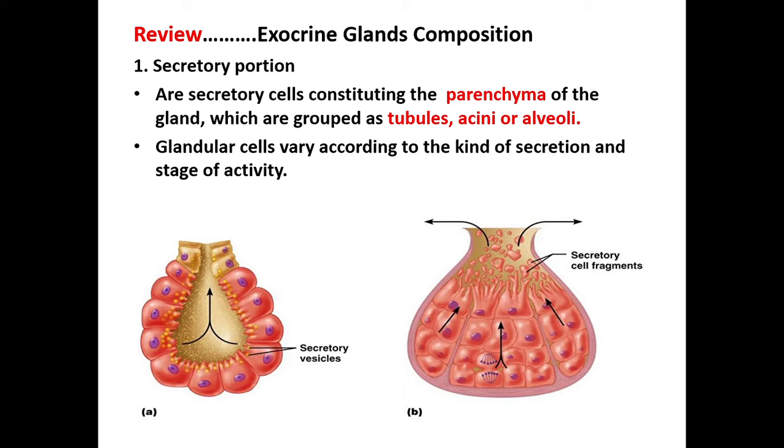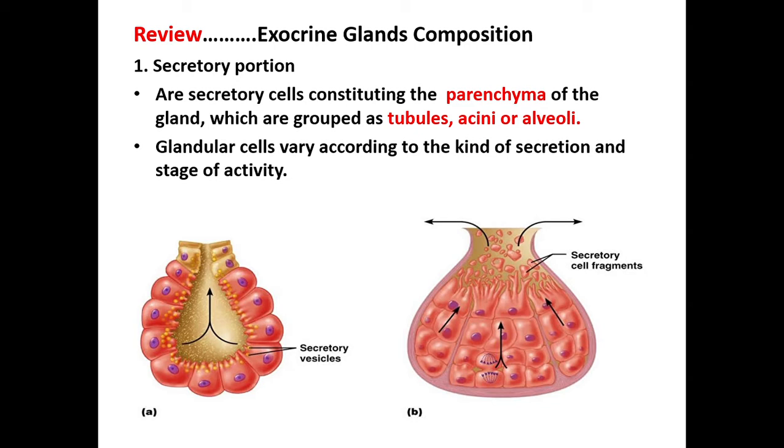Let's have a closer look at the exocrine glands. So let's start first with the secretory portion of the gland. So the secretory portion is composed of secretory cells constituting the parenchyma of the gland.